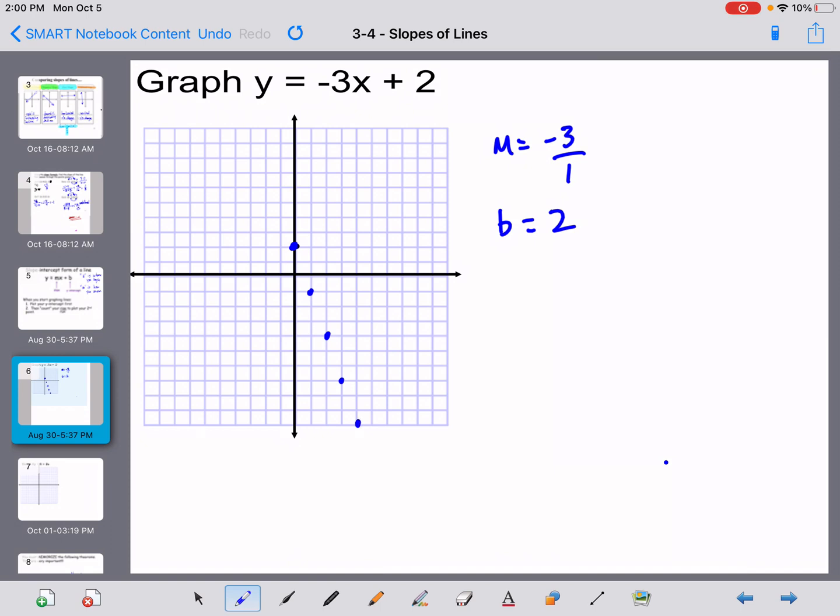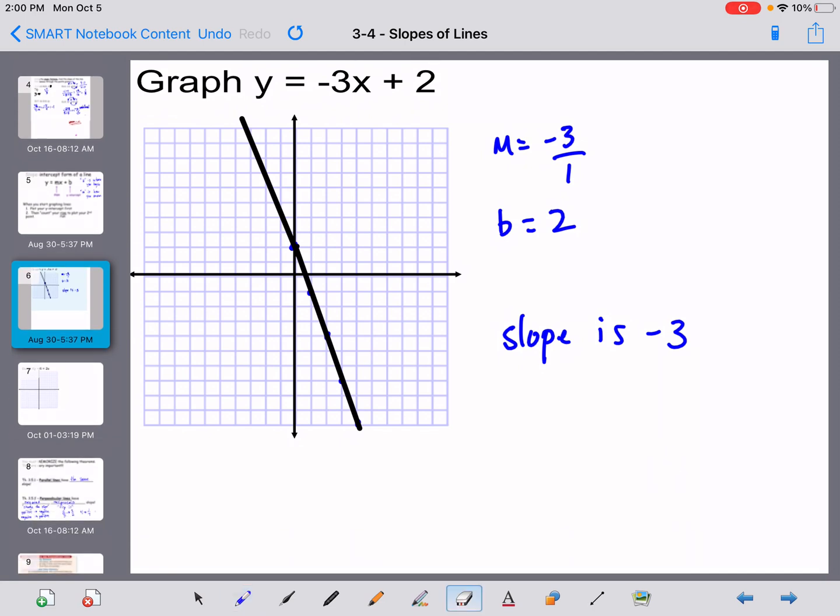And then you would draw a line. All right, that would be my line. And my slope is -3. Okay, remembering that?